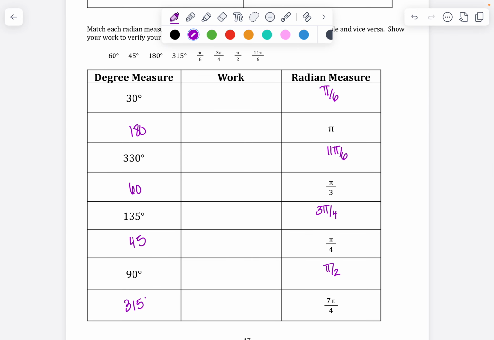All right, so these are the answers that you should have gotten, hopefully, converting back and forth. If you didn't get these, make sure that you're trying to fix your mistake, you're asking a teammate maybe, or you're writing down a question that you can ask tomorrow for help.